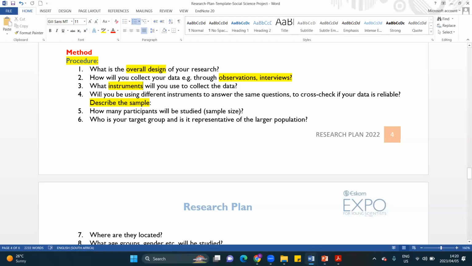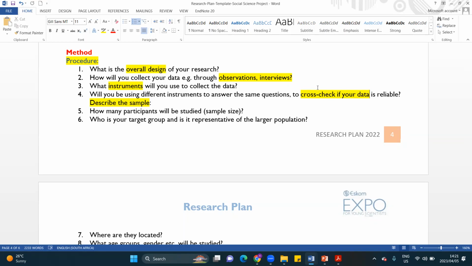And then number 4, will you be using different instruments? How will you cross-check your data? How will you cross-check that your data is reliable? This is very important with social sciences, because you'll find that in most cases, you're handing out a questionnaire to participants, and you don't know how honest they're going to be in their responses.